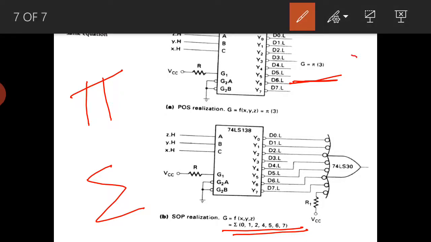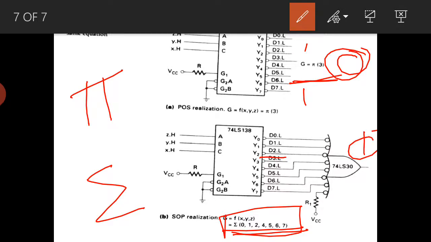For other combinations I should get output as 1. Similarly here for these min terms I should get output as 1. For the left out combination, y3, I should get 0, which is disabled.